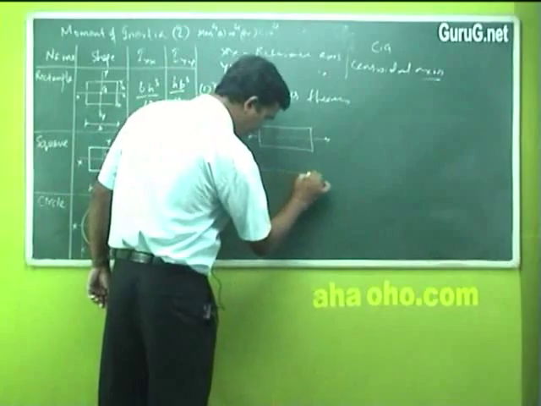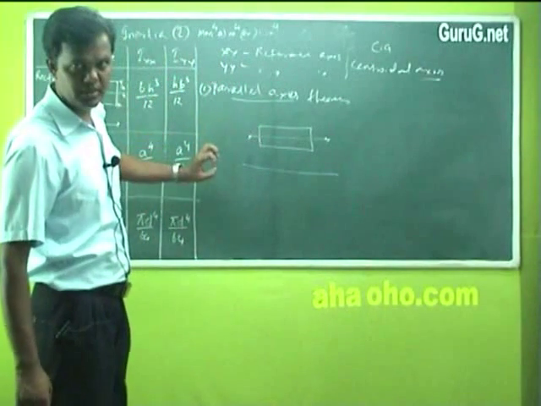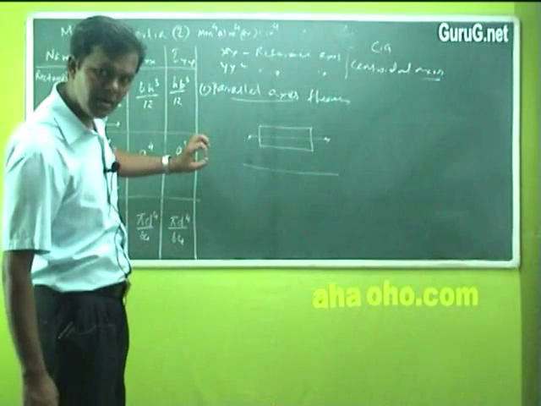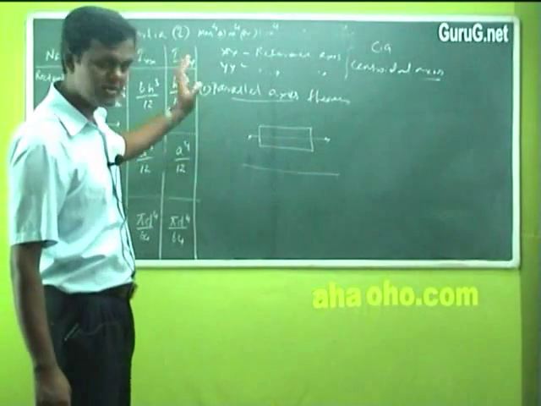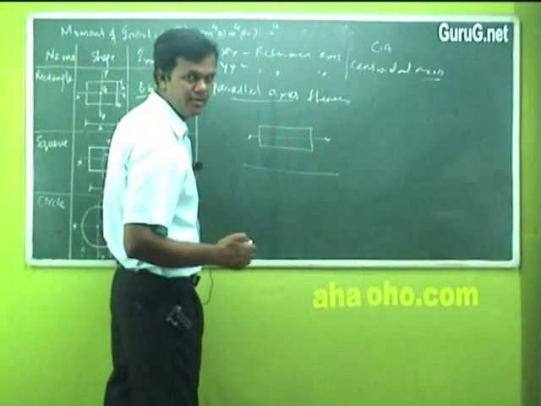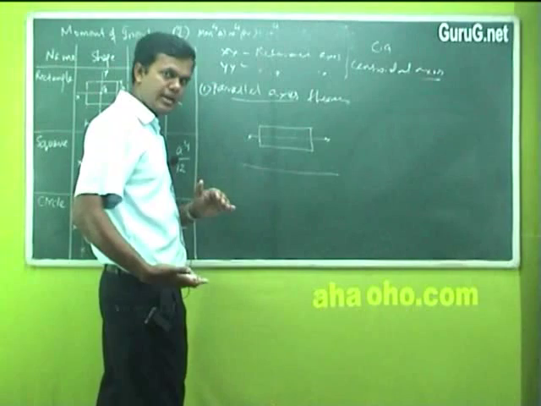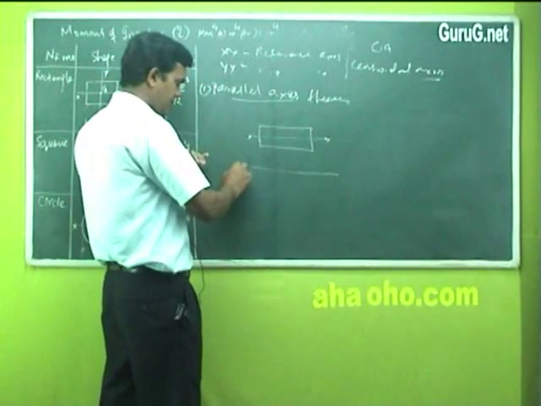My reference line: to find out the moment, I have to multiply with what? Force into perpendicular distance. So some distance I should have. From where do I have to take the distance? From some reference line. Suppose this is my line AB.